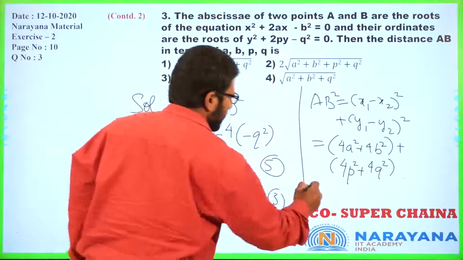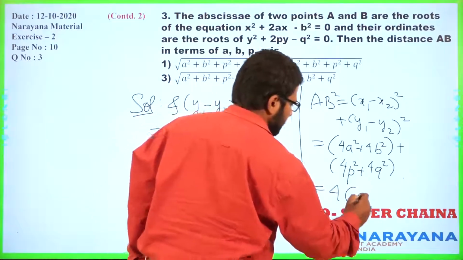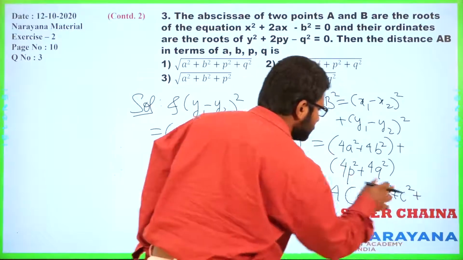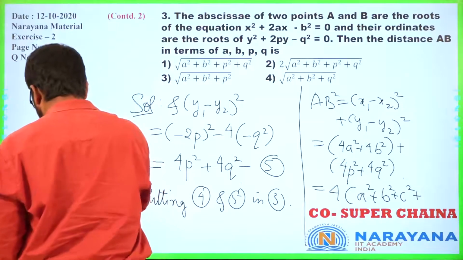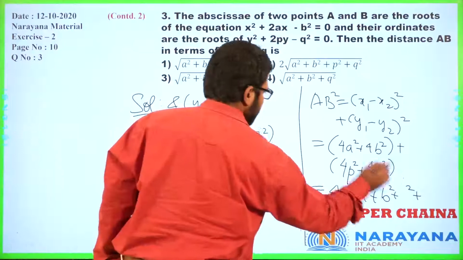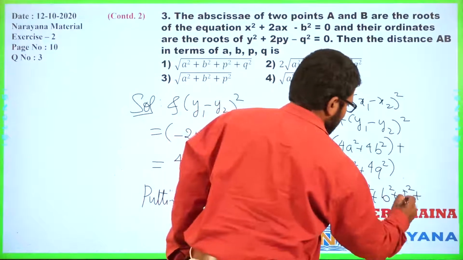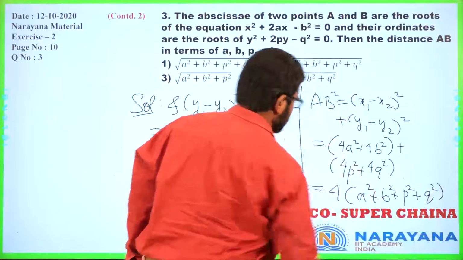Right? So you take a 4 outside, you have a square plus b square plus p square plus q square, right?